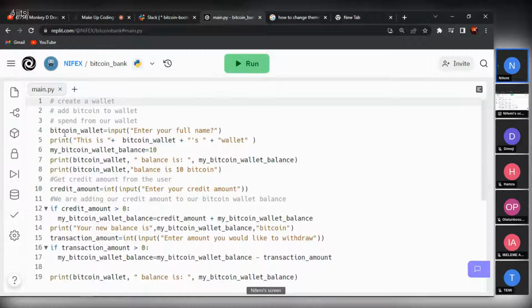Next, we have print this plus bitcoin_wallet. This is a string, and we're using what we call concatenation here to join a string and a variable together.